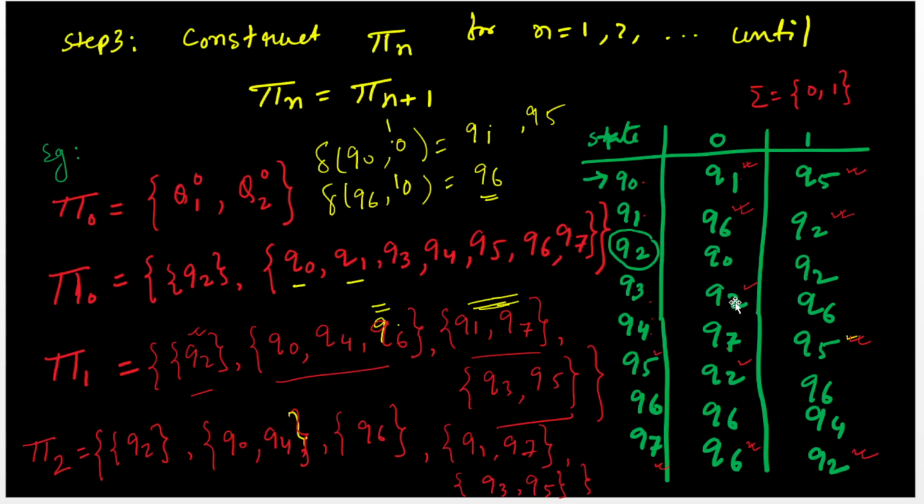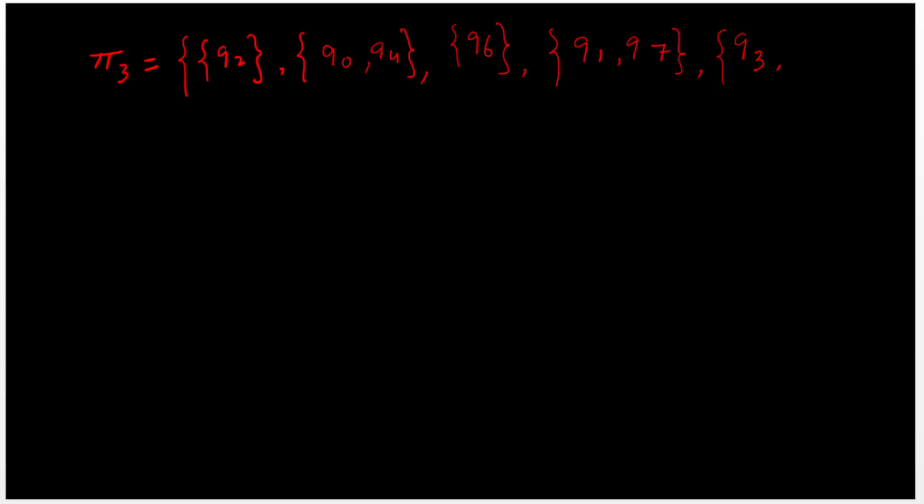Q3 by taking 0 gives Q2 and Q5 also gives Q2. Q2 belongs to the same equivalent class of pi 2, no problem. And Q3 by taking 1 gives Q6 and Q5 gives Q6. So Q6 also belongs to the same equivalent class of pi 2. So there will be no problem. Q3 and Q5 belong to the same equivalent class of pi 3.